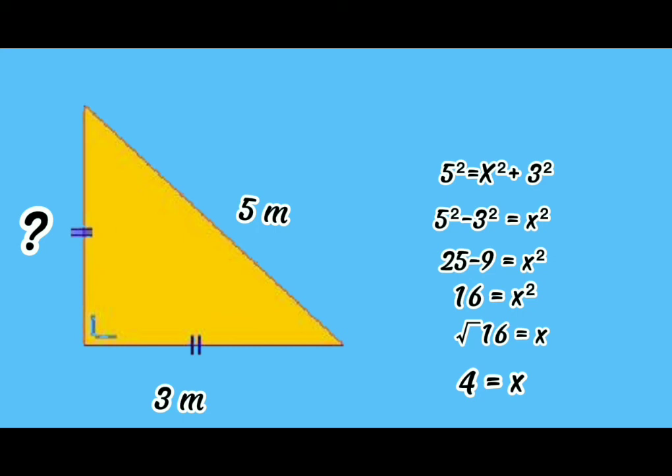So 16 equals x squared. Then the square root of 16 equals x, and we get x is 4. From that, we get the height of the power pole is 4 meters.